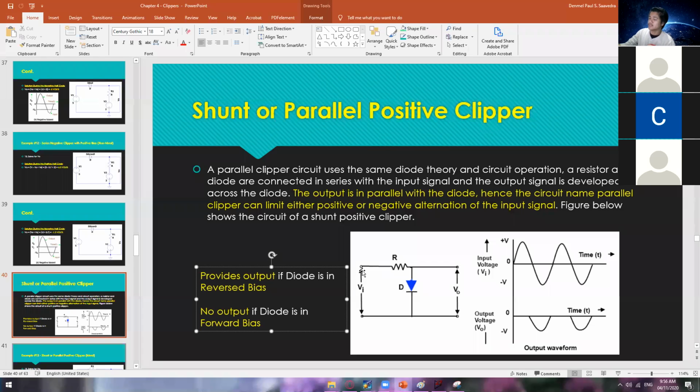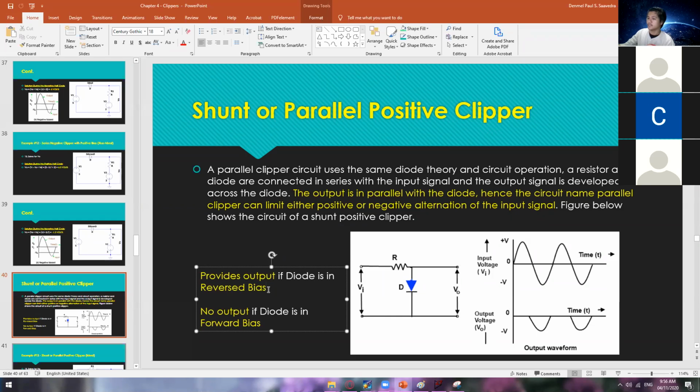But if it's negative here and positive here, as you can see, this one will become an open circuit. As a result, our voltage input will not loop through our diode, so it will pass through to our voltage output, going back to our ground.